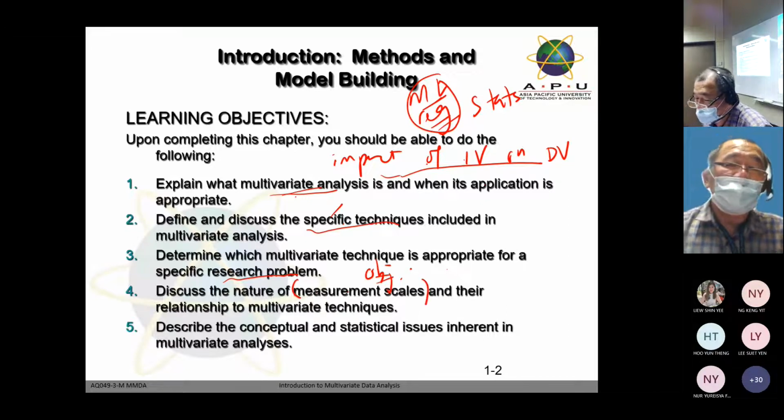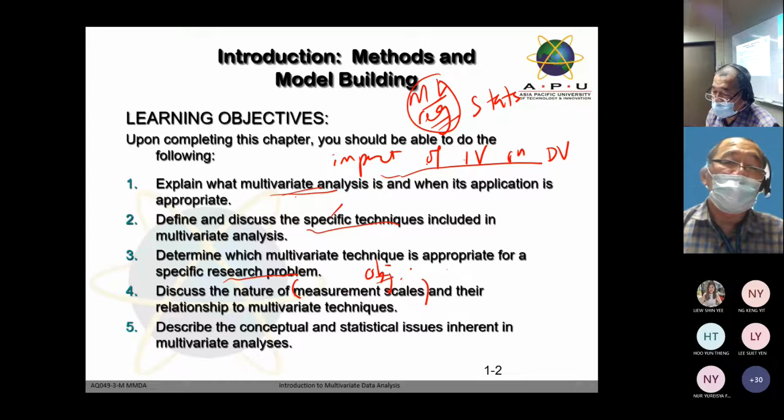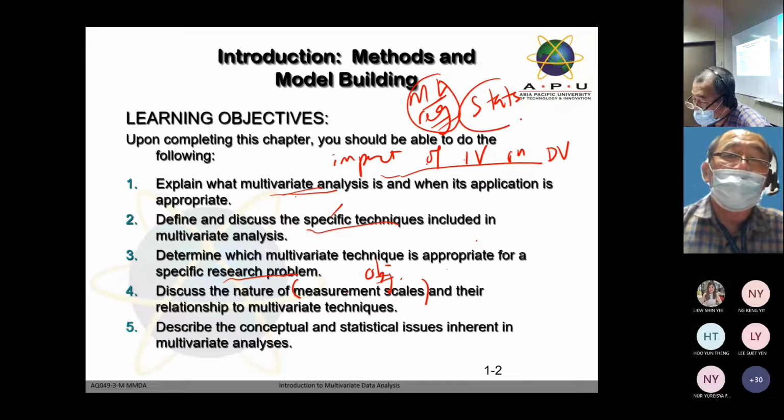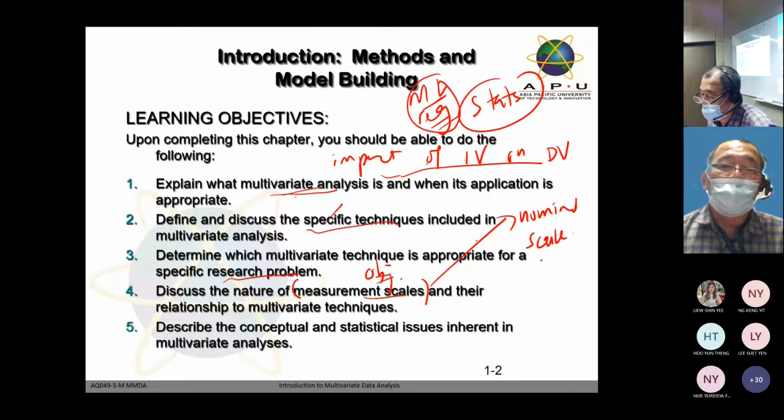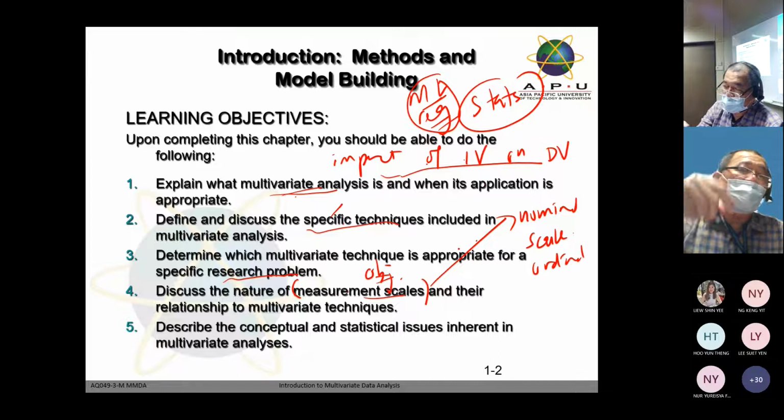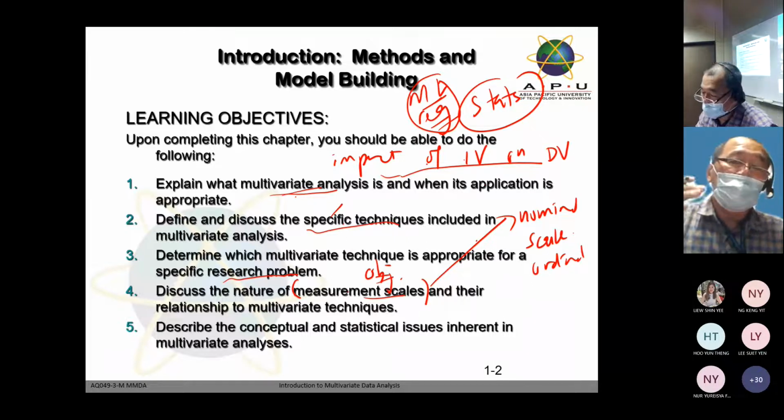I know it's very basic, but it's very, very important. You should have learned this already. The measurement scale: nominal, scale, and one more is ordinal. It's very basic, but very important, because for a different scale, you should use a different method of data analysis.